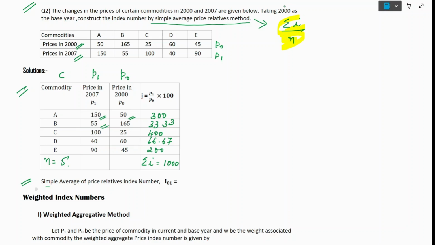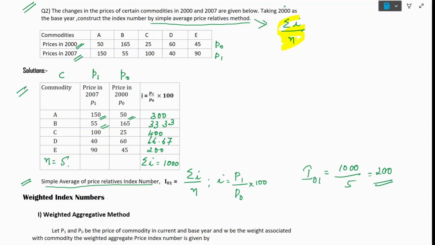Simple average of price relative index number I01 equal to summation of I divided by n, where I equal to P1 divided by P0 into 100. That is I01. Substitute the values 1000 divided by 5. Your answer is 200, the value of index number by using simple average of price relative method.